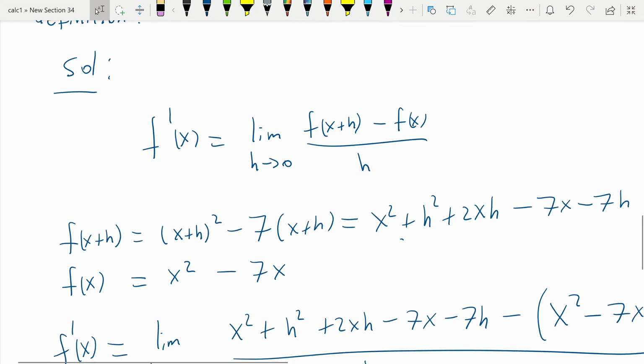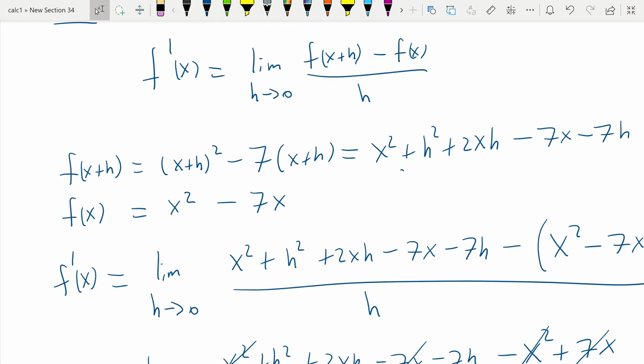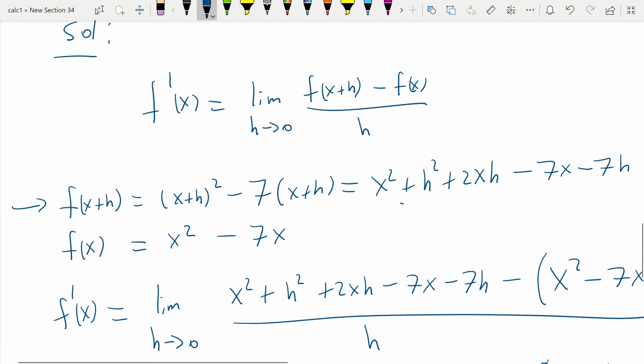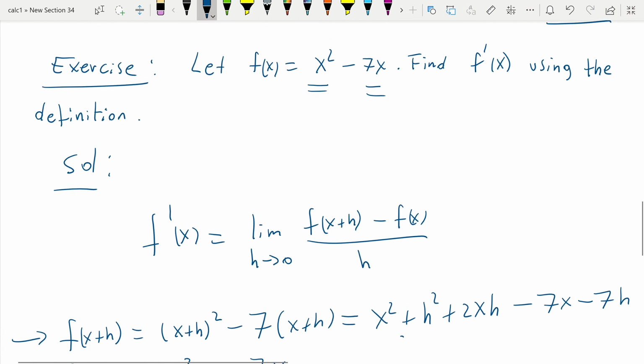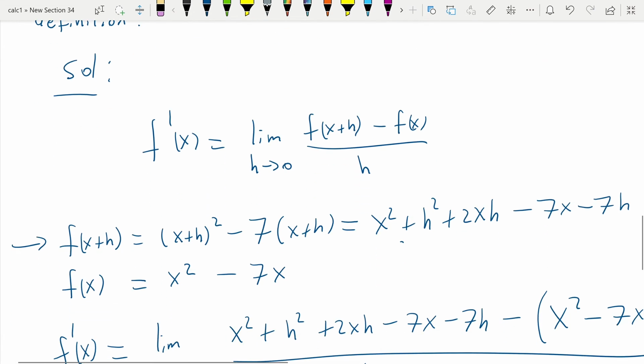The second thing to do is to write down explicitly what f of x plus h is. That just means writing in the formula for f, wherever it says x, just replace it by x plus h. So here and here.